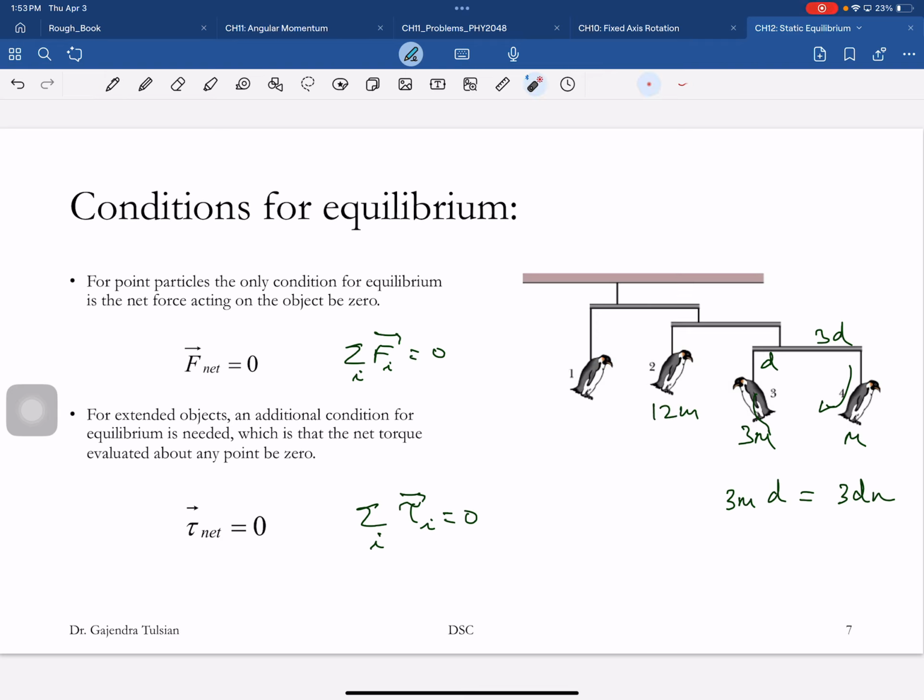Then 12M times 3D equals this times D, so this guy is 36M. Next time you go to art shows, you'll see a lot of these types of displays, and those masses are quite different.